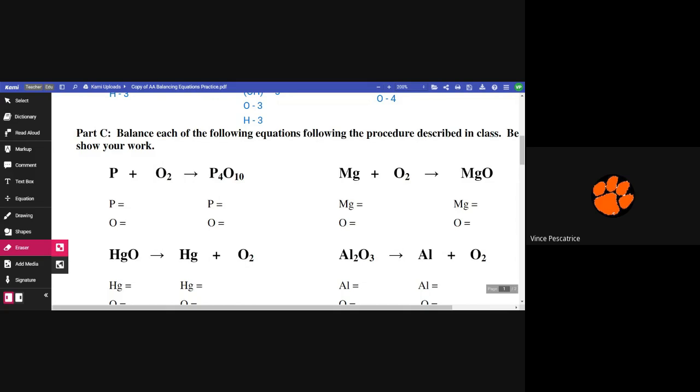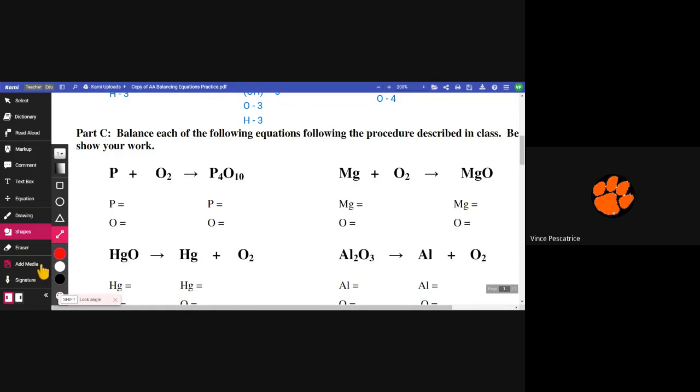Step 1, draw a T-chart by dropping a line down from the arrow. I'm going to make this an optional step for you because I already separated them out, but I would like you to get some practice at doing this because if we ever do this on paper, you're going to need to do this part.